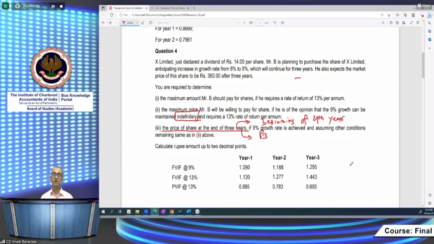So P3 will be calculated by the simple method: dividend at the end of the fourth year, discounted at the discount rate to arrive at the price at the beginning of the fourth year. Simple.